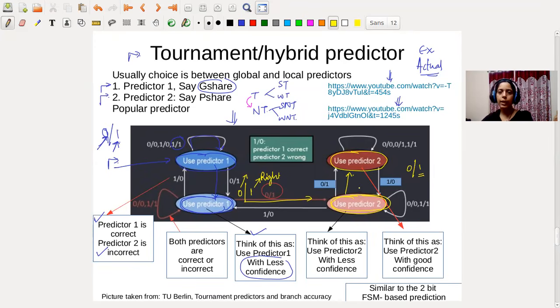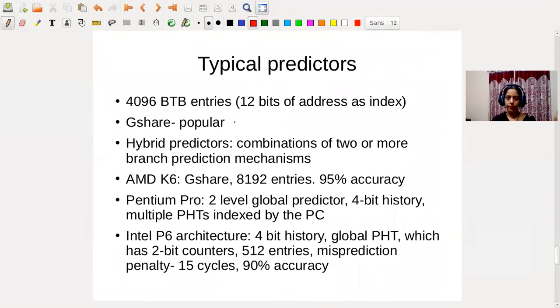So this is how the tournament predictor works, and this is also a very popular predictor. This is of course definitely more hardware because you are implementing two different types of predictors, and you're also trying to choose between the two with extra logic here. So this is definitely more effort.